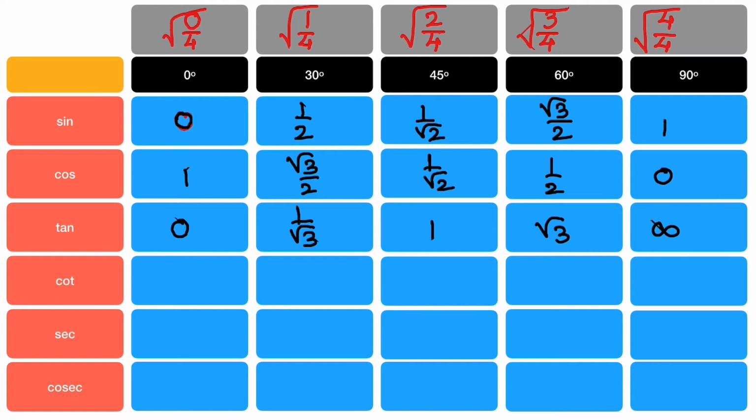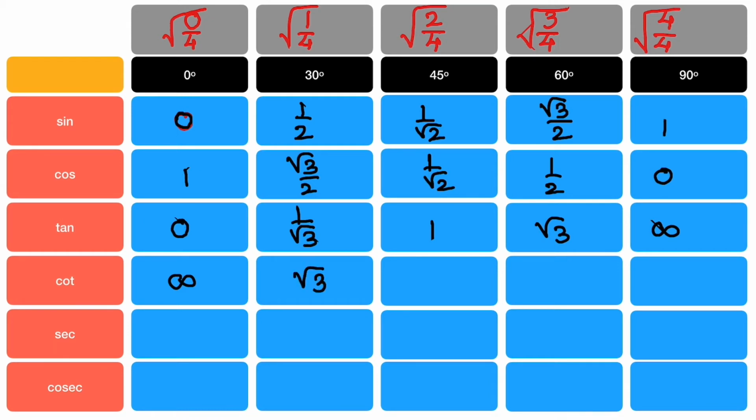Now, to find the values of cot, we know that cot is the reciprocal of tan. Therefore, cot 0 is equal to 1 upon tan 0. That is 1 upon 0, which is not defined. Cot 30 will be reciprocal of 1 upon root 3, that is root 3.